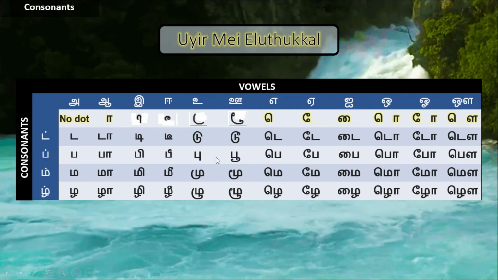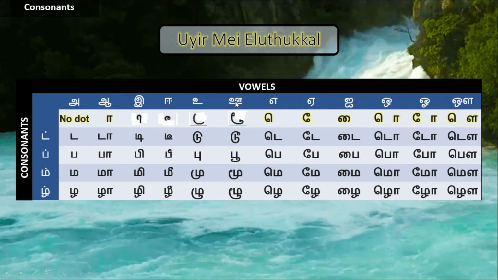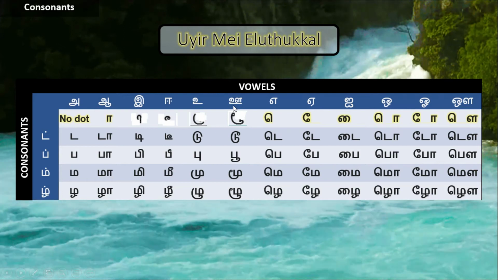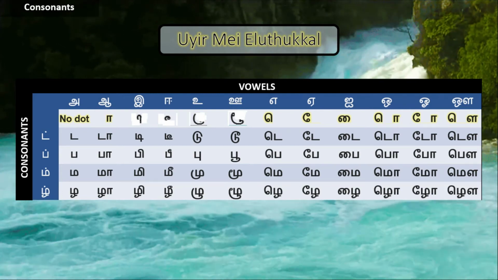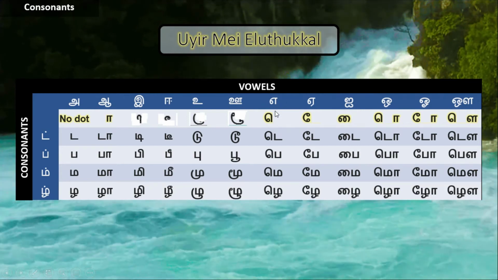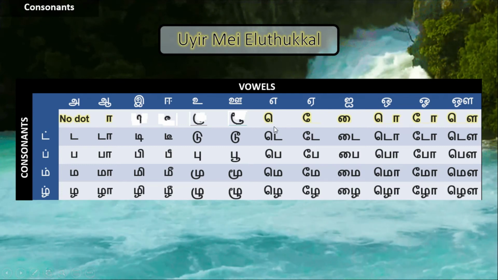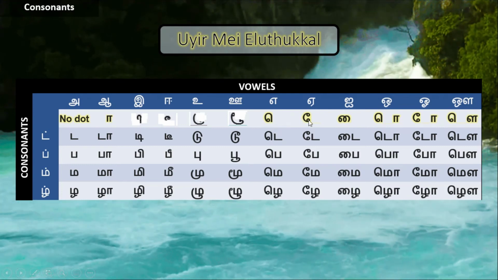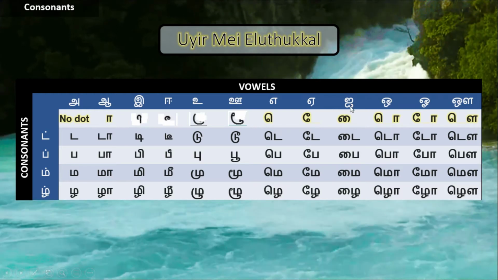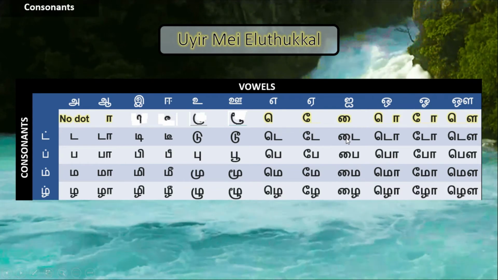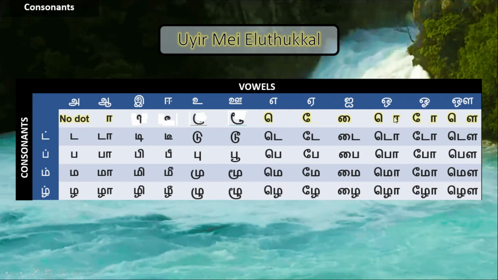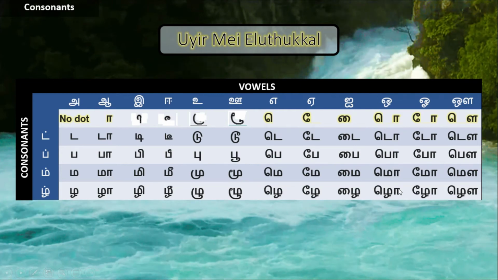So for u and wu, the template is slightly different, which we will consolidate at the end after learning all the consonants. When they combine with a, we see the Ottrai Kombu is prefixed. For a, the Irattai Kombu is prefixed. For I, the Irattai Chuli is prefixed. For O, Ottrai Kombu is prefixed and Tunaikal is suffixed.